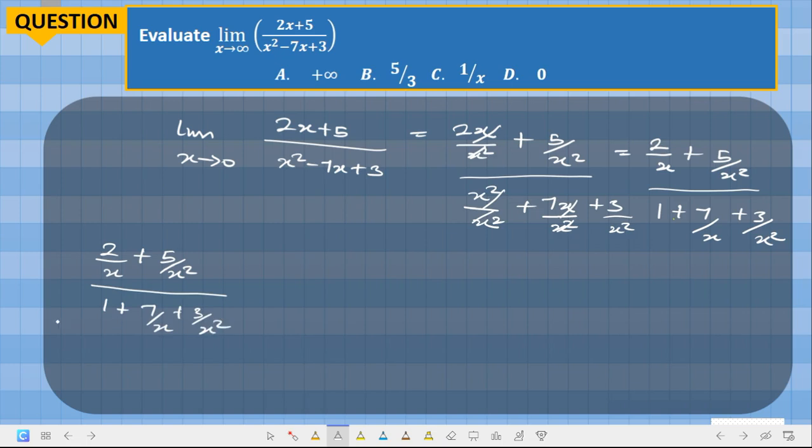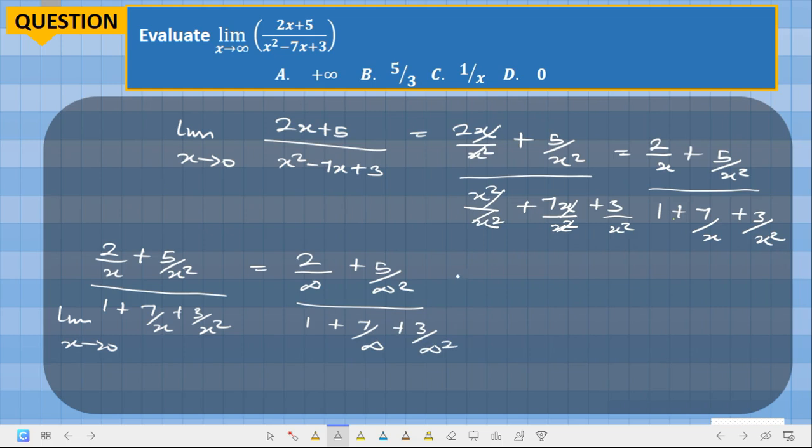This becomes 2 over x plus 5 over s squared all over 1 plus 7 over x plus 3 over s squared. Now as the limit of x tends to infinity, it means we change everything here with infinity. So this 2 over infinity plus 5 over infinity squared all over 1 plus 7 over infinity plus 3 all over infinity squared. 2 divided by infinity is what?